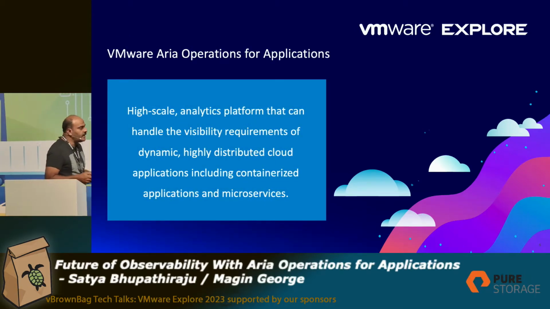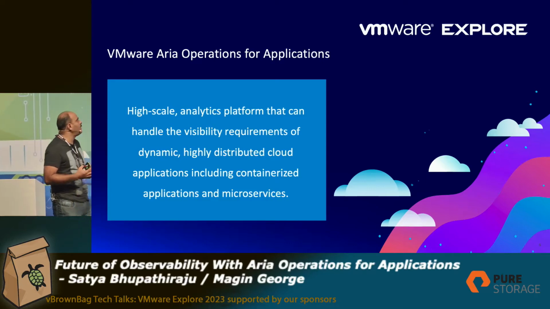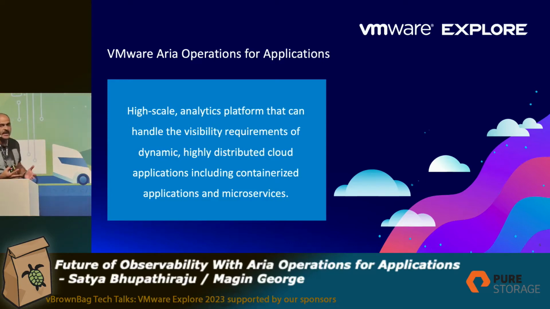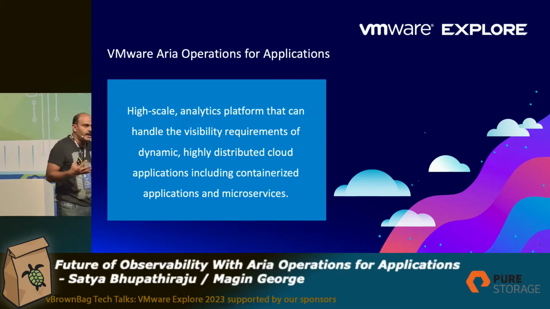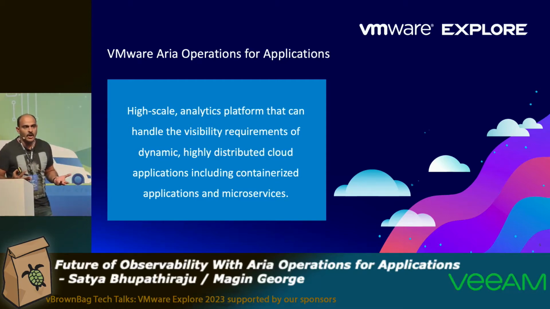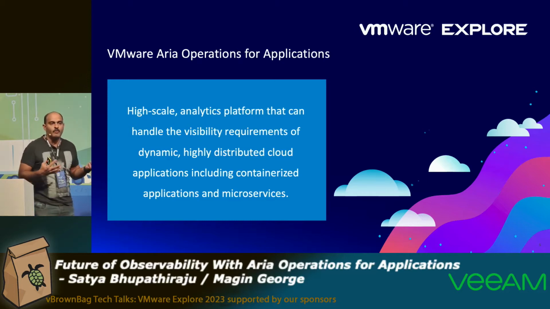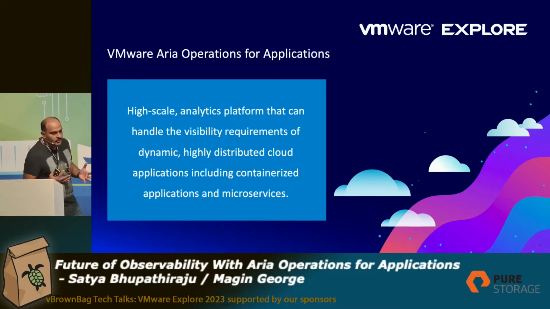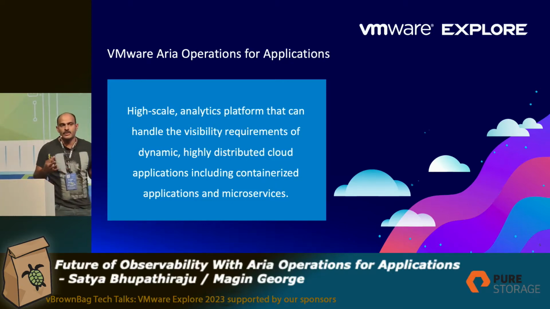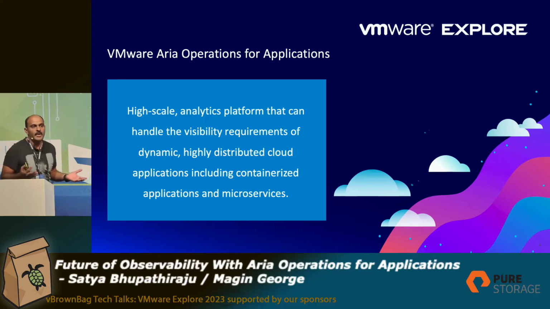So this is the tool that we are talking about, VMware Aria Operations for applications. It's a high-scale analytical platform which can accept the three pillars of observability, which are traces, metrics, and logs. And this helps in monitoring or observing the systems that are distributed across multi-clouds or multiple data centers.